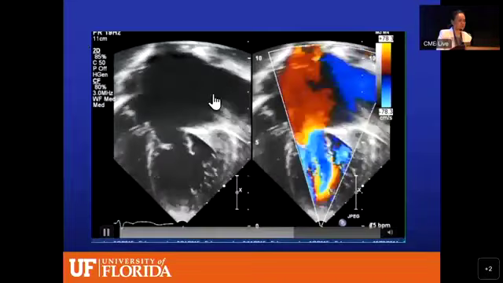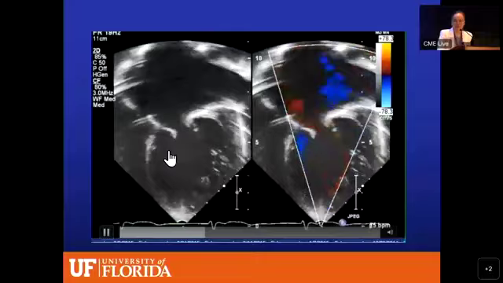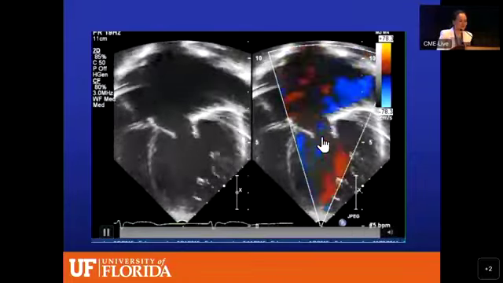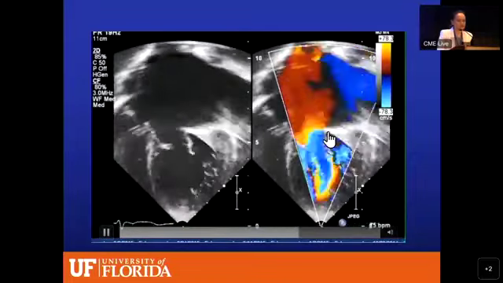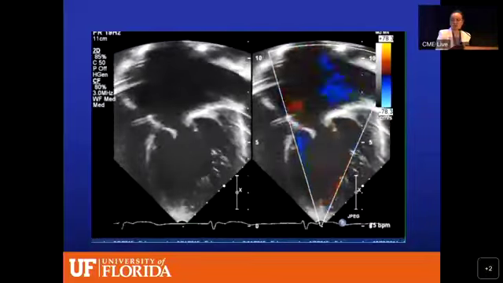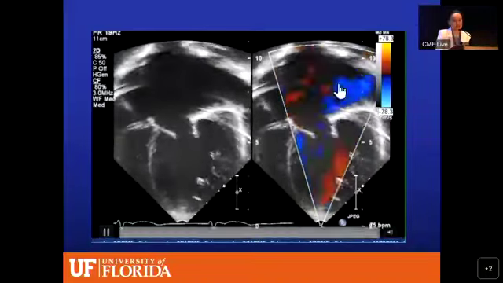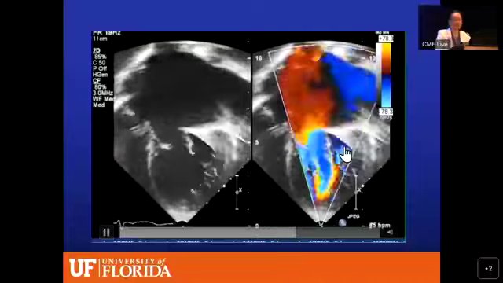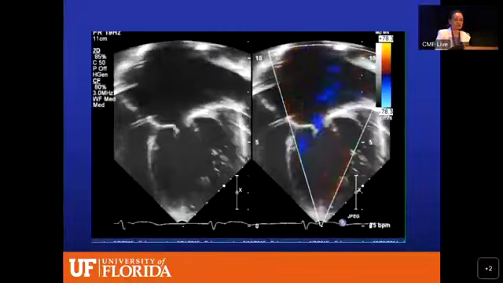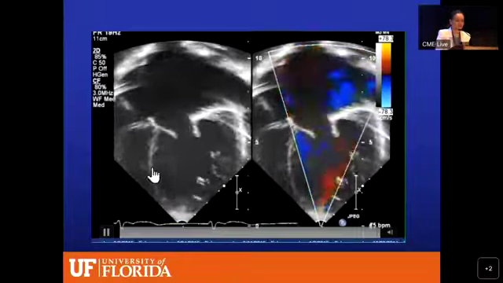And again, post-operative assessment, as Dr. Cohen has previously mentioned, residual AV valve regurgitation happens to everyone. This is my patient immediately post-op, but now she only has trivial to mild left AV valve regurgitation.